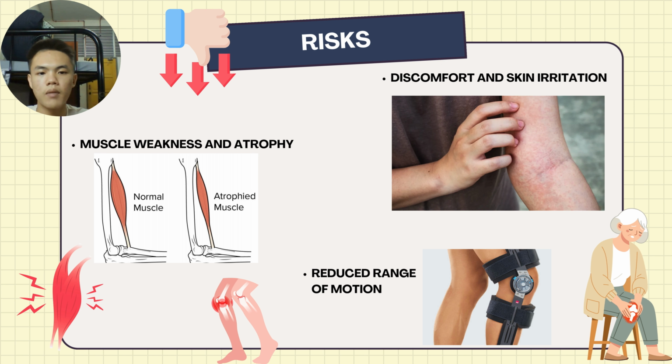Choosing the right brace made of breathable materials can help solve this issue. Third, some braces restrict natural movement, thereby limiting the range of motion required for certain activities. This limitation may create challenges for those who rely on full mobility for sports or daily tasks.